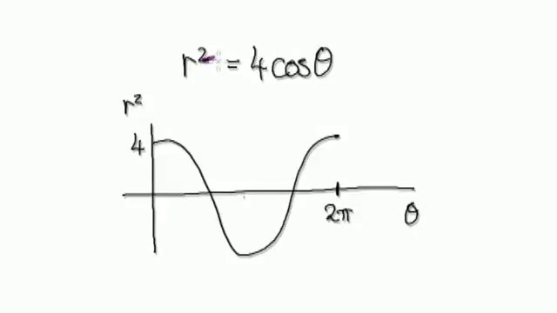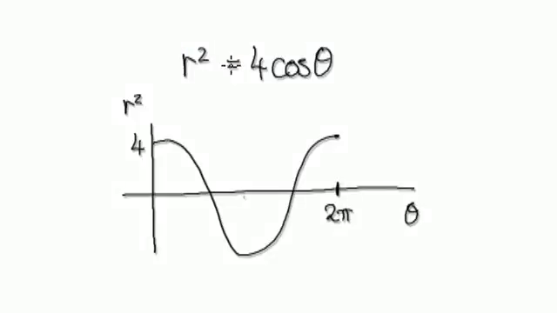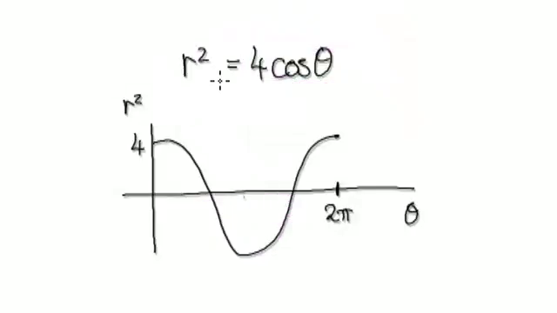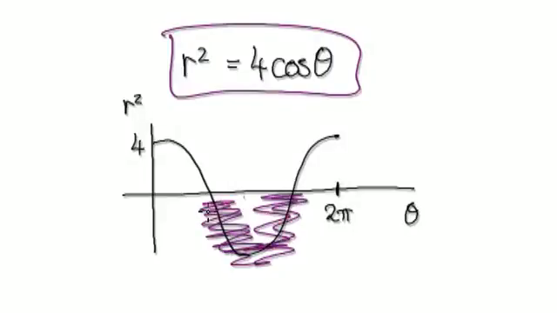Well, the radius will be the square root of this thing here, meaning that this thing will be meaningless when it's negative. So when you are here, we can pretty much ignore it. It would be meaningless to have a square root of a negative number.